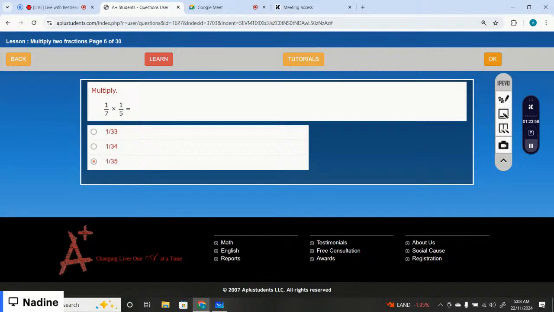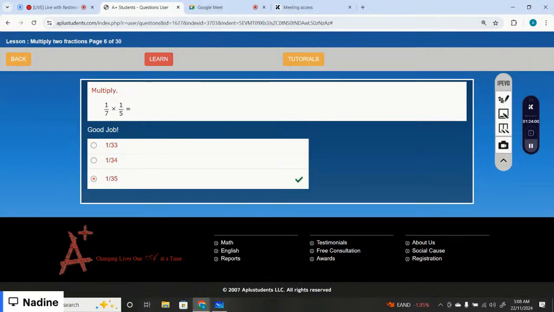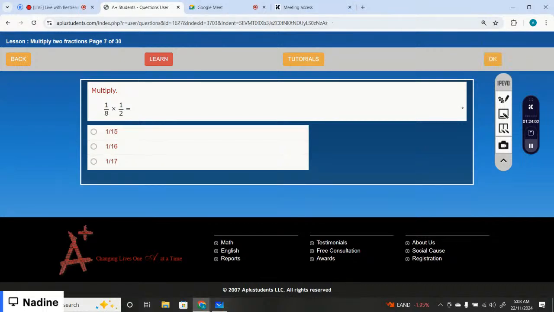Very good. 1 by 8 times 1 by 2, which is the correct option?